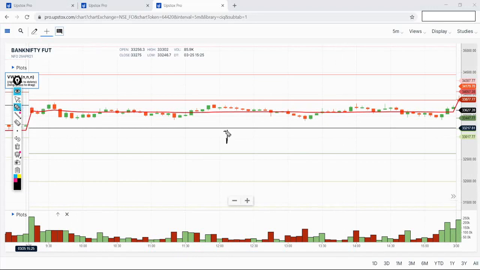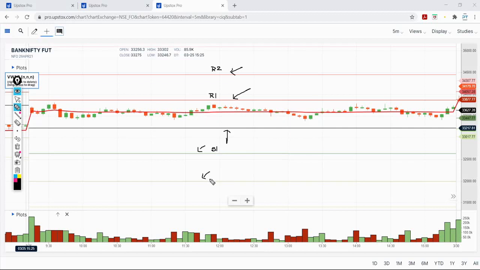For the traders who don't know much about pivot points, let me give a small introduction. The black colored line which you could see here is the pivot line, and on the upside the line in dark red is R1, resistance 1. Next, the mild red color is R2, resistance 2. Same way on the downside, the dark green colored line is support 1, S1.